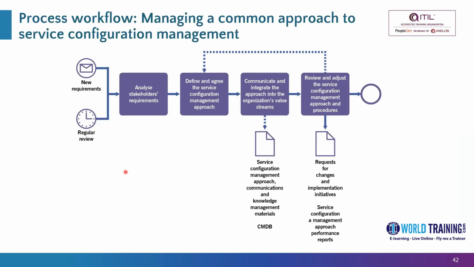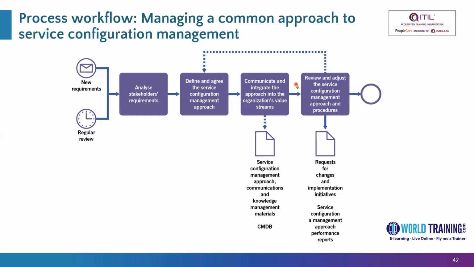It's also possible in the exam that you may have questions related to specific outputs for specific activities rather than the overall outputs of the process. And we can see here in the 3rd step, wherein we communicate and integrate the approach into the organization's value streams, the specific outputs are, this is where the outputs really come out, the service configuration management approach, the communications and knowledge management materials, and the CMDB is established.